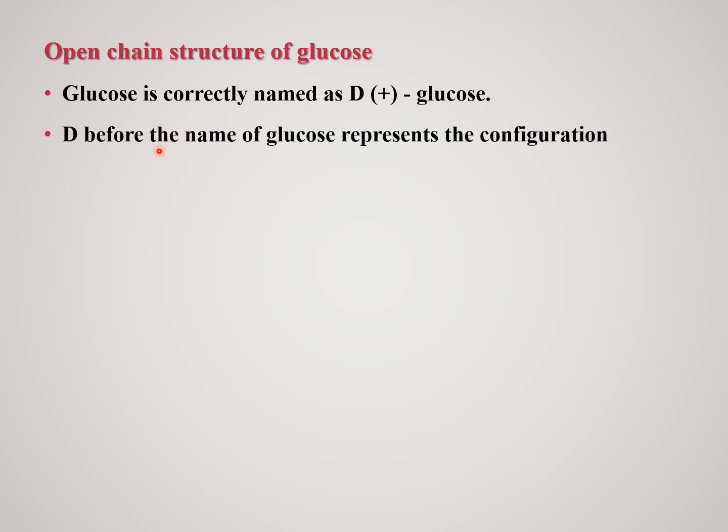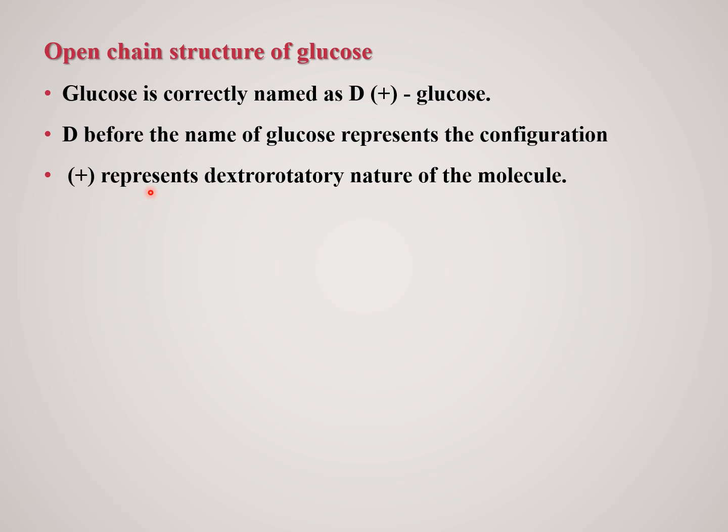D always refers to the configuration of the molecule. So, it is written before the name to represent the configuration, and plus represents the dextro-rotatory nature of the molecule.